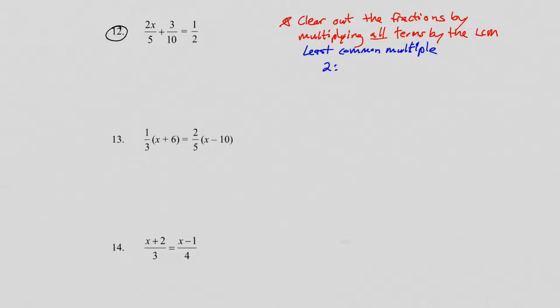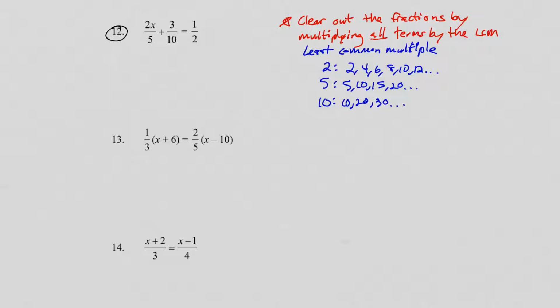And I'm going to list every number here from least to greatest. I'm going to say, okay, multiples of 2: 2, 4, 6, 8, 10, 12. Then 5, 10, 15, 20. Then 10, 20, 30.